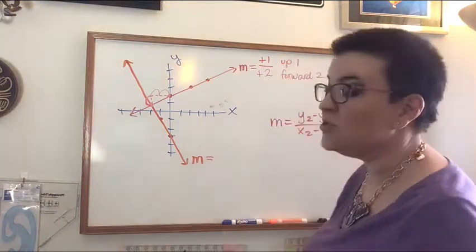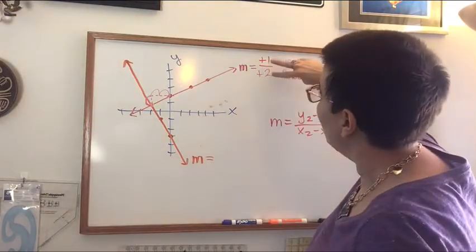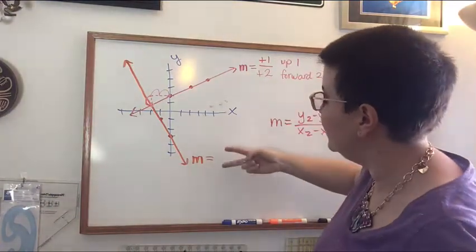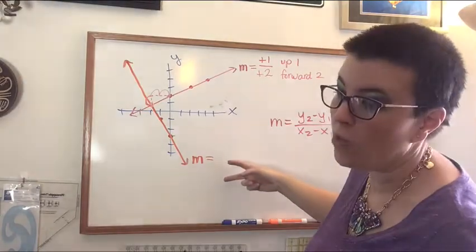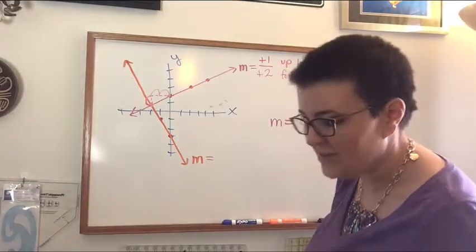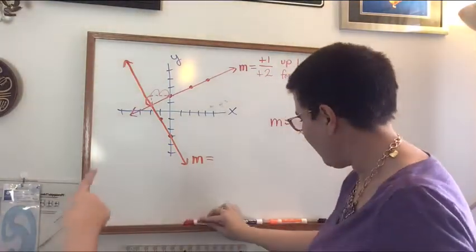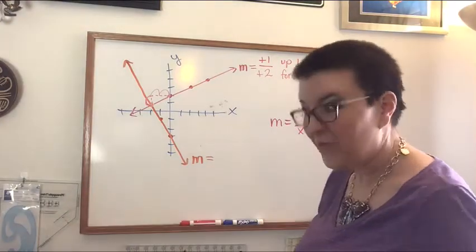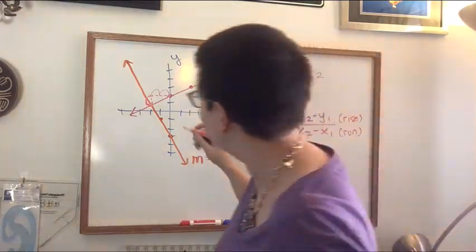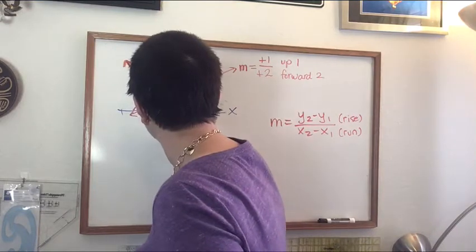If this line is really perpendicular, we will find that its slope is the flip of 1/2. So it'll give us 2 over 1 and it will be negative instead of positive. They'll be flipped. Okay, you ready? So now let's count points. We're going to go from this point to this point.